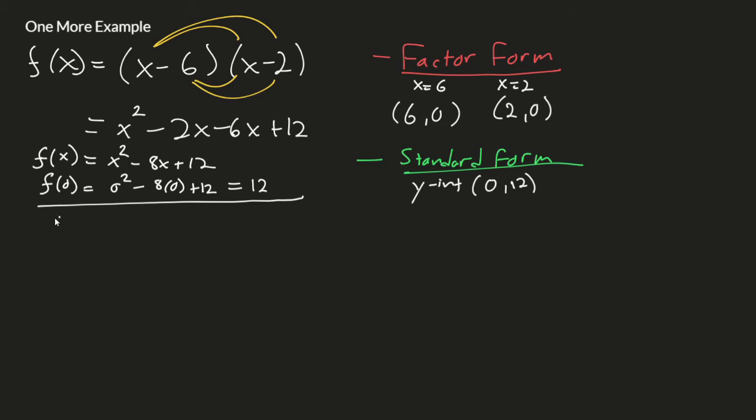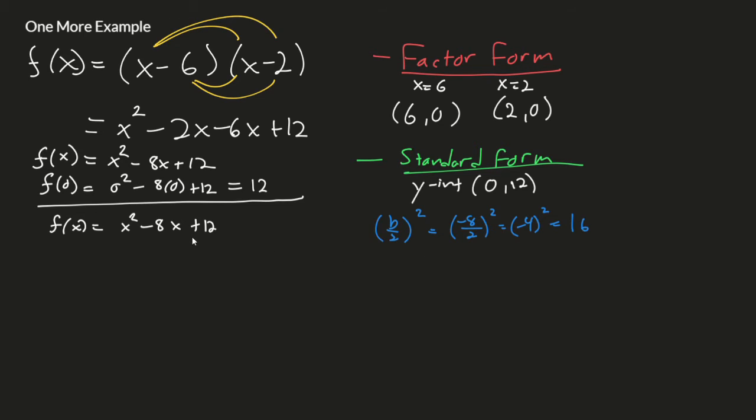So let's first start with f of x equal to x squared minus 8x plus 12. Remember, we need to use the completing the square technique here. And so in order to complete the square, we're going to use (b over 2) squared. In this example, that's (negative 8 over 2) squared, which is negative 4 squared, or 16.